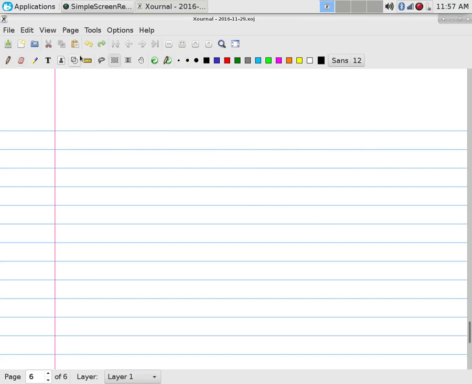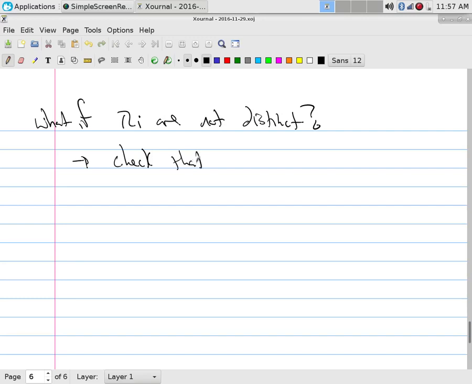In other words, now comes the question of what if the lambda i are not distinct? To do this, then we have to go ahead and check that the x i are linearly independent.